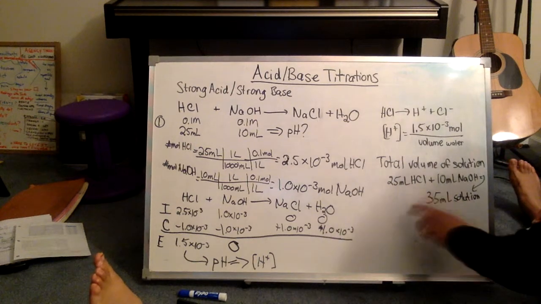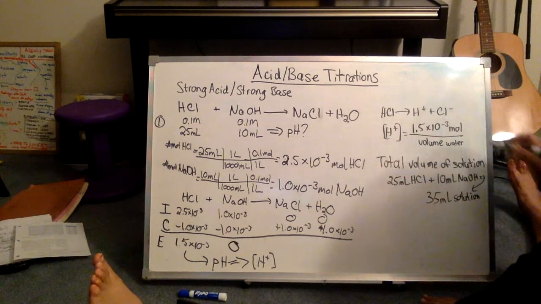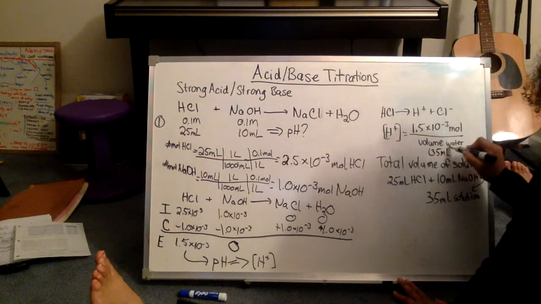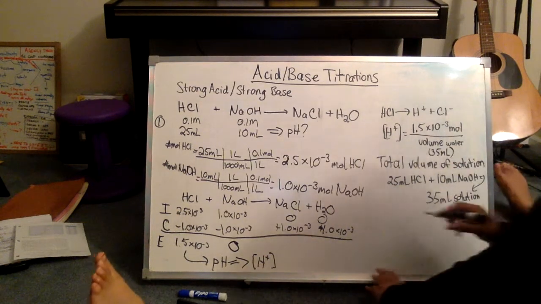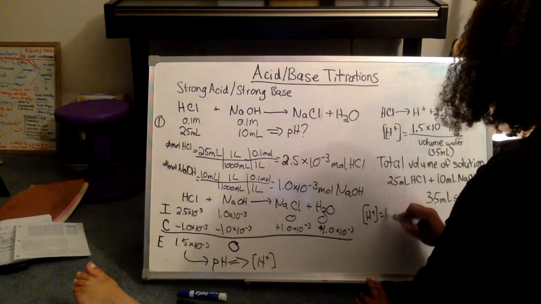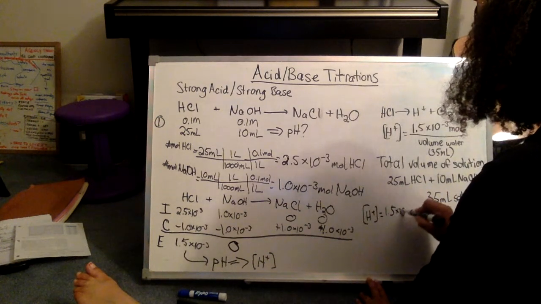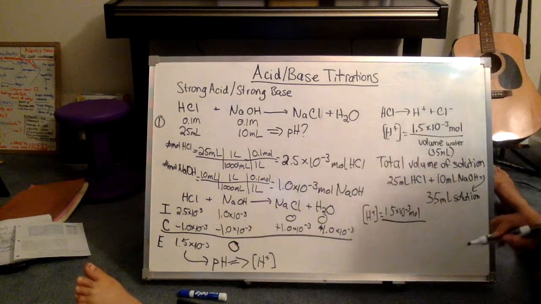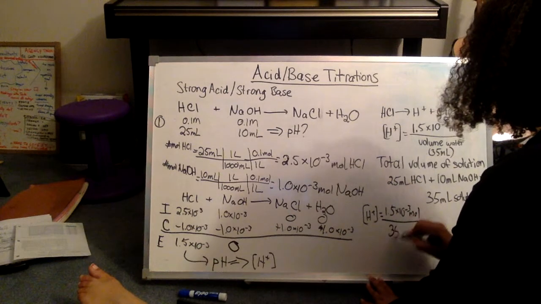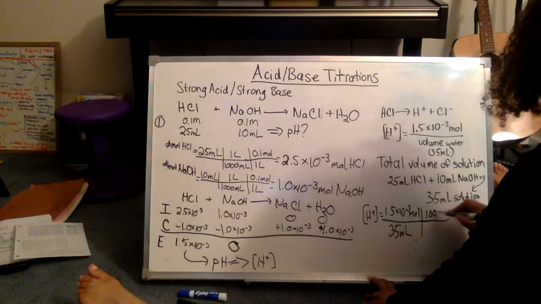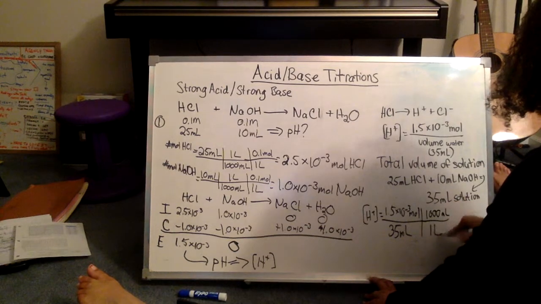So to figure out our proton concentration, we insert 35 milliliters here. H plus is equal to 1.5 times 10 to the minus 3 moles all over 35 milliliters, converting milliliters to liters.